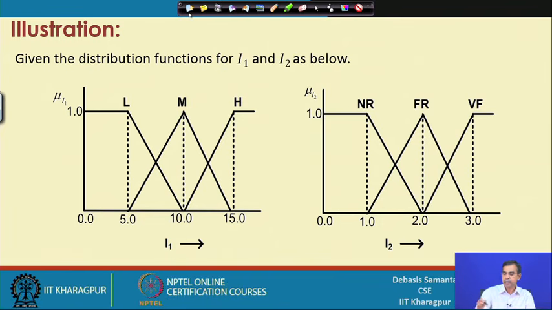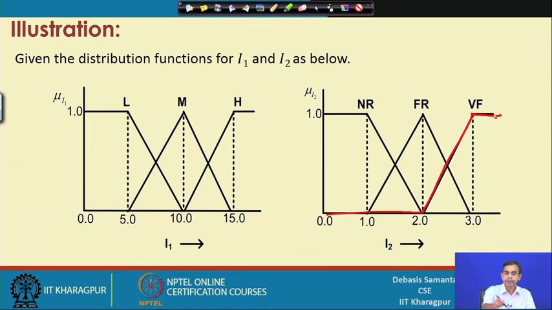Now, similarly, for the other input I 2, the range of values is 0.0 to 3.0 and above, and the fuzzy states that we have considered are shown here. For NR the membership function looks like this, for FR it is like this, and for VF the membership function is like this. Okay.